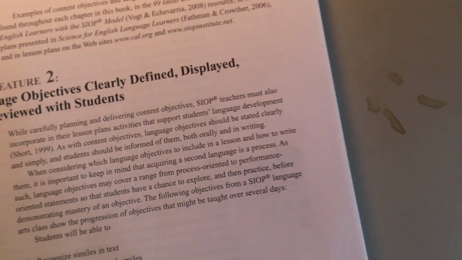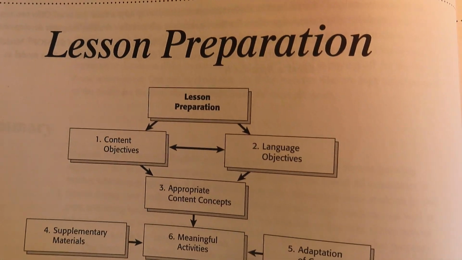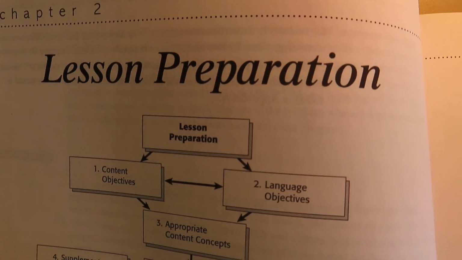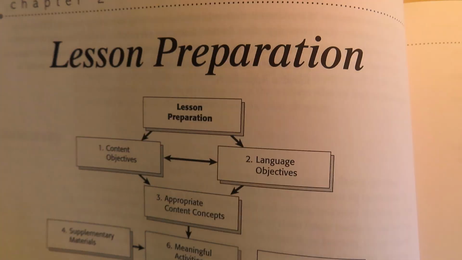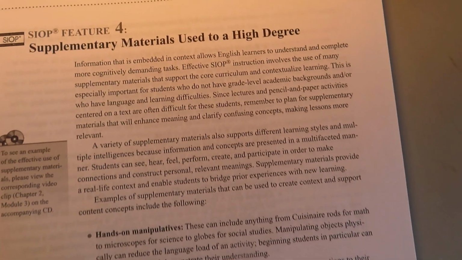So most chapters start off with one of the eight components of SIOP, in this case, lesson preparation, and then list each feature with some more explanation of features, quite often example activities.